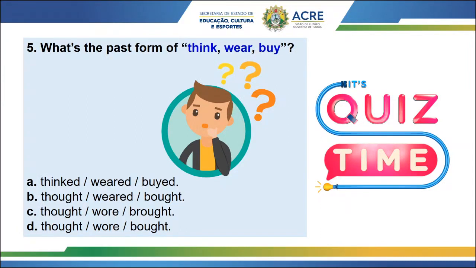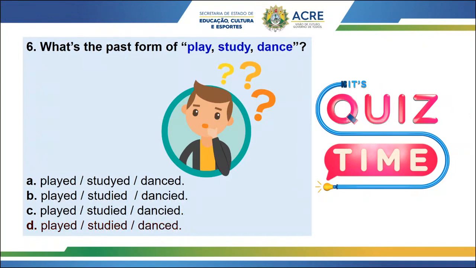What's the past form of think, wear, and buy? They are irregular. So think, wear, and buy in simple past is letter D: thought, wore, and bought. Okay, now next. 6. What's the past form of play, study, and dance?